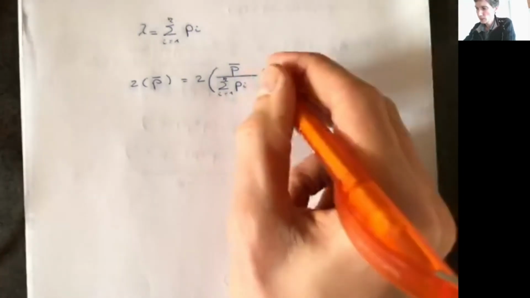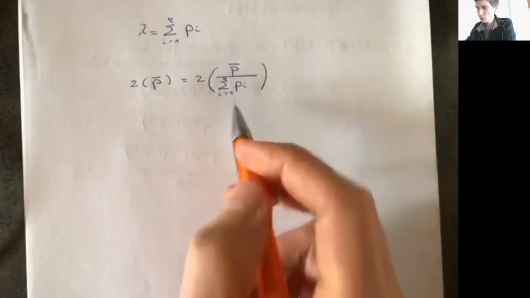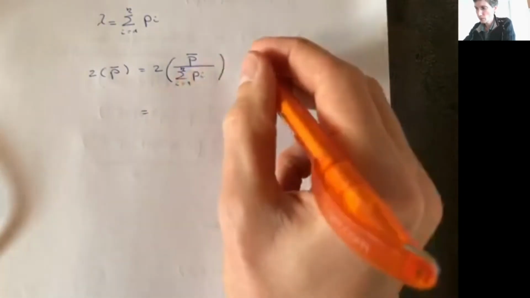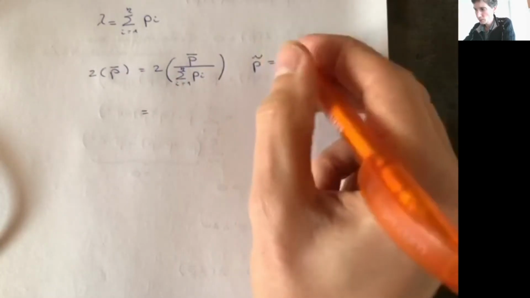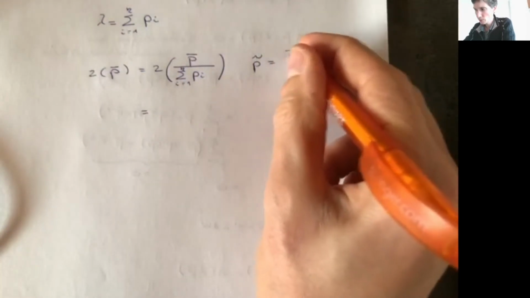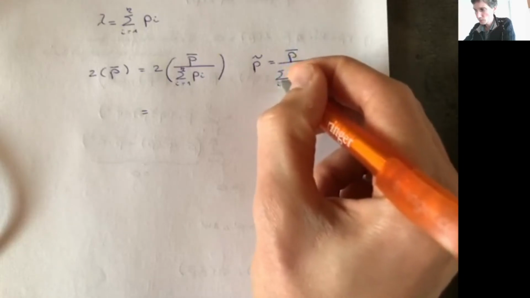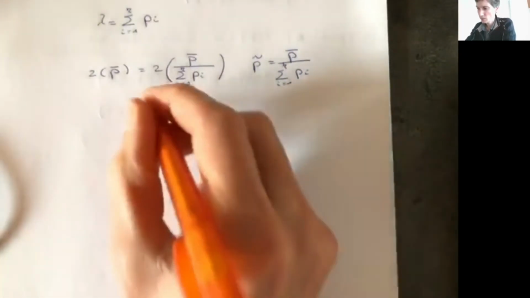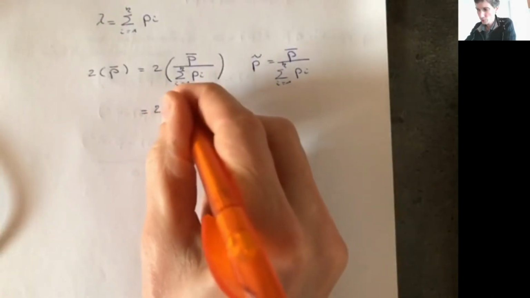Okay, so what I can do is define this to be a new kind of price, a normalized price, right? So let me call this p tilde is equal to the vector p divided by the sum of all prices, right? So just by substitution, this is equal to Z(p), right?